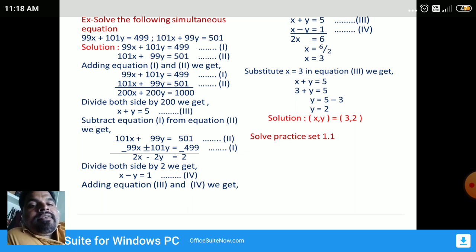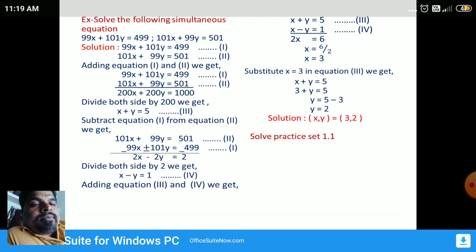This example is asked in examination for 1 or 2 marks. Then you can simply add these two equations, you get the value of x plus y. Also asked in exam, find the value of x minus y. You subtract these two equations, you get the value of x minus y. Then solve practice set 1.1 from the book.